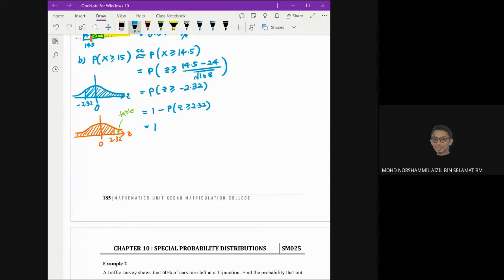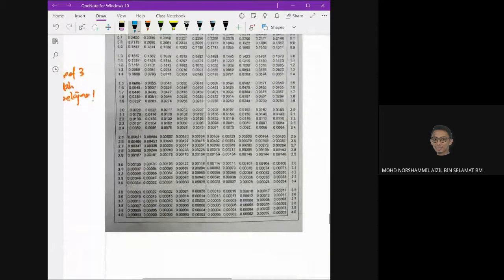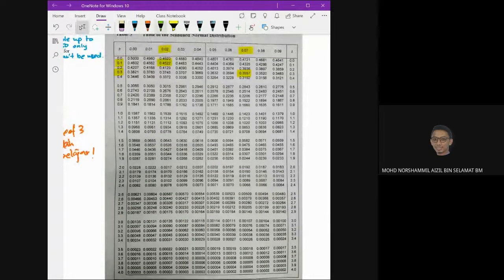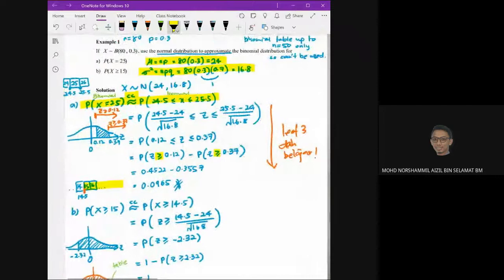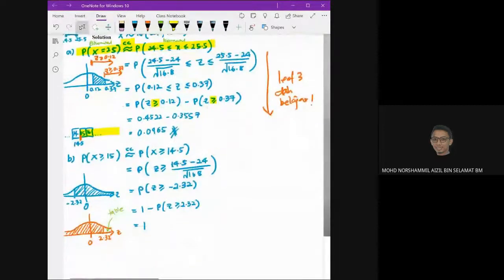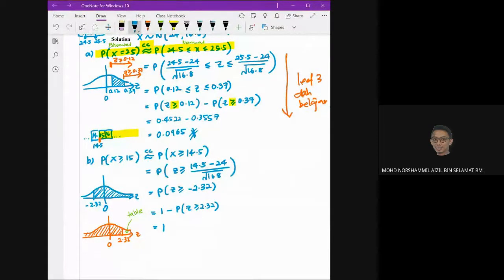Okay, so let's read the table. 2.32. Find where it is. 2.32. This one, right? 0.0102, right? Okay. Minus 0.0102.